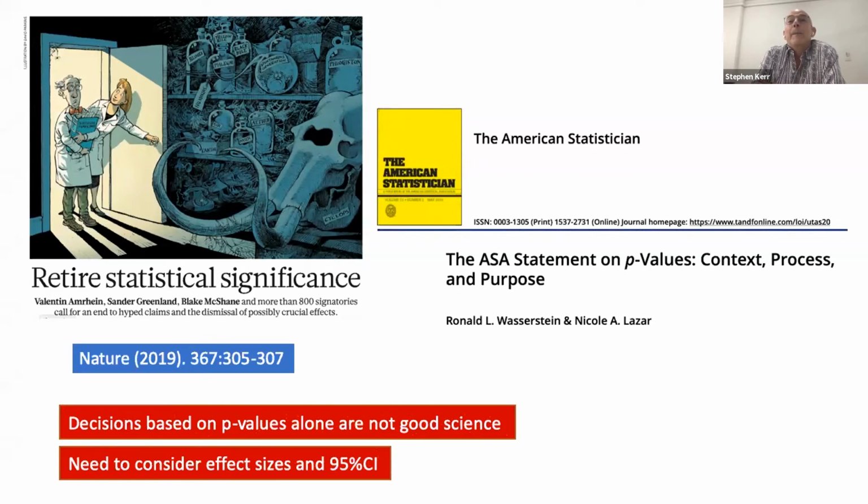Both of them really say that decisions should not be based on p-values alone. If you base the decision on the p-value alone, it's not good science. You need to consider the plausible range of the effect based on the 95% confidence intervals. And even the New England Journal now has introduced a policy where they won't let you report p-values for anything except your primary outcome.